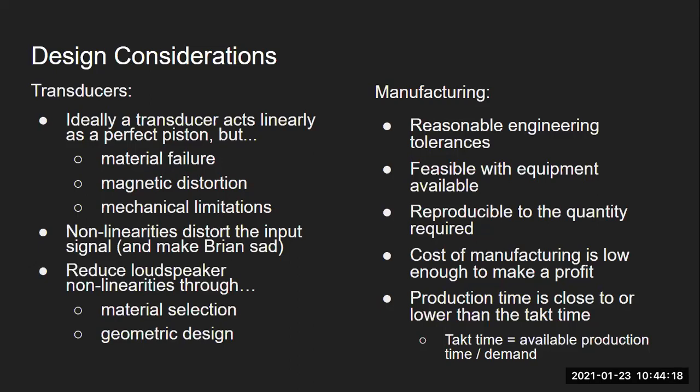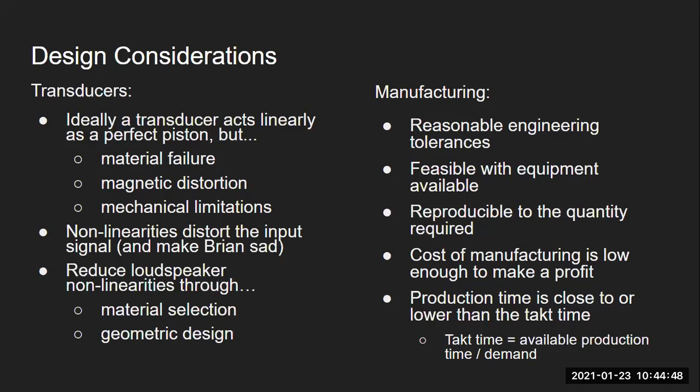And that comes to the manufacturing aspect: depending on the price you're looking for, you need to look at reasonable engineering tolerances. If you're dealing with equipment in-house, you have to work with what you have available. Or if you're outsourcing, you have to keep in mind what existing manufacturing processes are out there. And then you have to be able to produce it quickly enough for whatever your demand is.